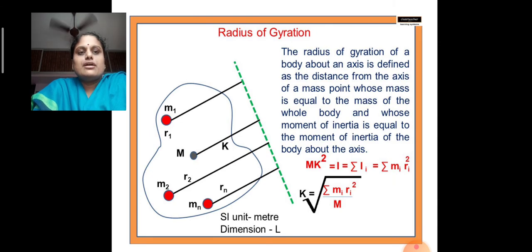Moment of inertia is represented by I. Radius of gyration is represented by K. In short, we can write mk² is equivalent to I, which is equivalent to the summation of mi ri². SI unit is meter and dimension is L for radius of gyration.